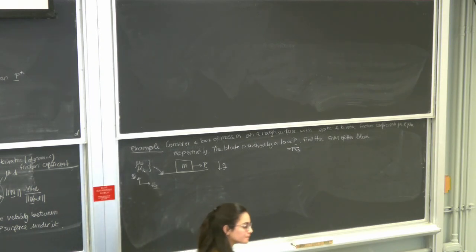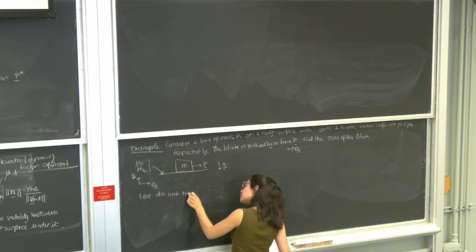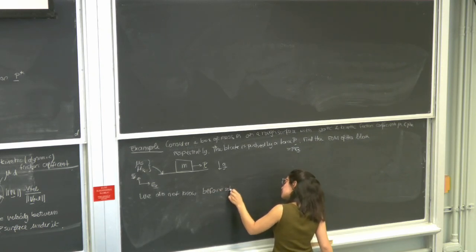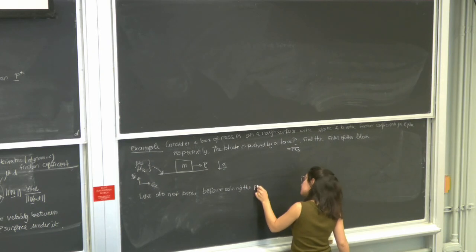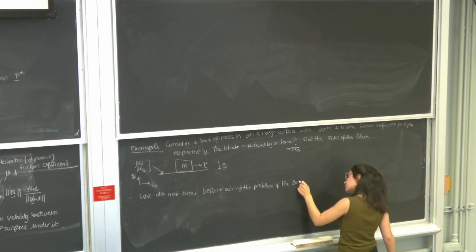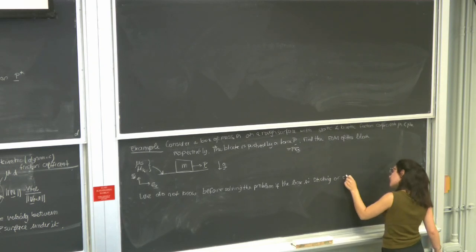And in this case, like in the example we did at the beginning of explaining friction, we do not know a priori, or before solving the problem, if the box is sticking or sliding. Sticking meaning the coefficient of friction is static versus sliding it's kinetic.